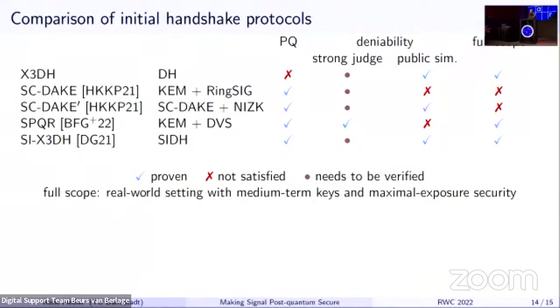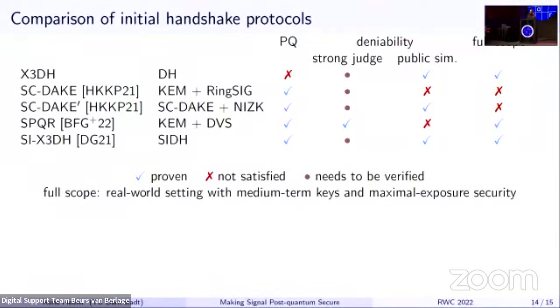Then next, there's our protocol, SPQR, which is based on CAMs and DVS and is post-quantum secure and shown to be deniable with respect to strong judges. Also, our protocol fulfills the full scope. And lastly, there's the supersingular isogeny X3DH protocol from Lobson and Galbraith, which is also post-quantum secure and deniable with respect to public simulatability and fulfills the full scope.